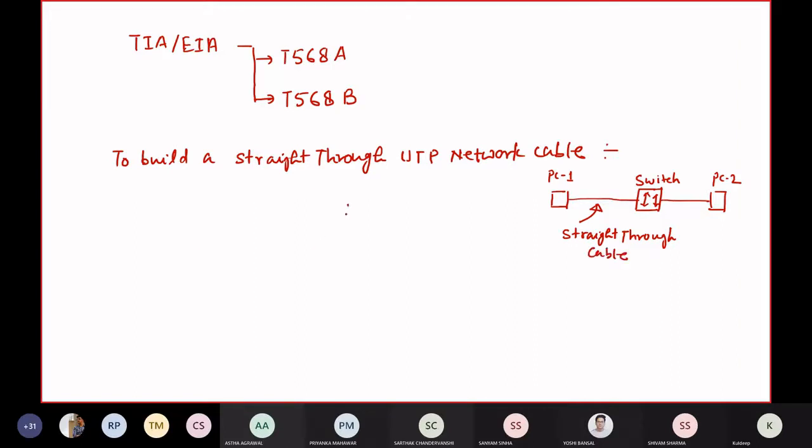So here I am considering, on one side we have this PC. Let me take another color. Please listen to this carefully. You have PC1 on one side and a switch on the other side. Is it clear up to this point?